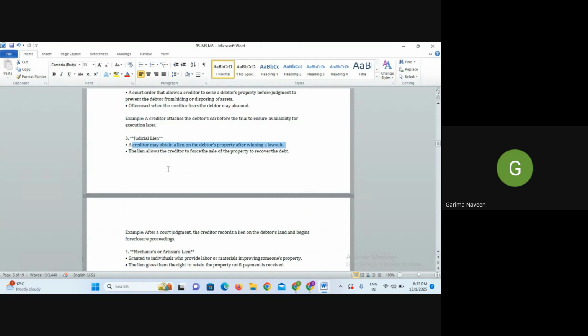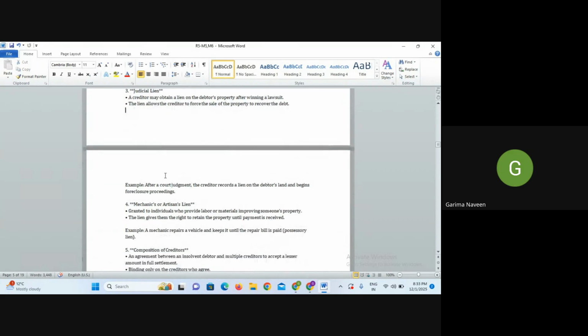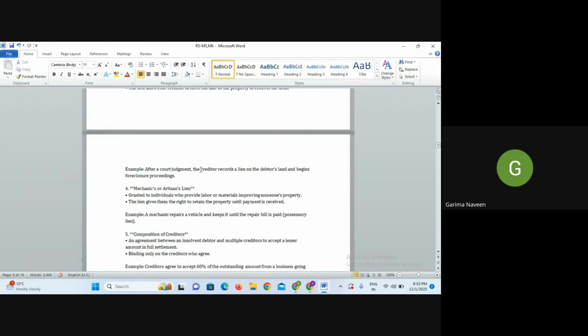If he wins the case against the debtor, he has the right to take possession of the property that belongs to the debtor. The lien allows the creditor to force the sale of the property; he can even sell the debtor's property in order to receive his money back. For example, after a court judgment, the creditor records a lien on the debtor's land and begins foreclosure proceedings.